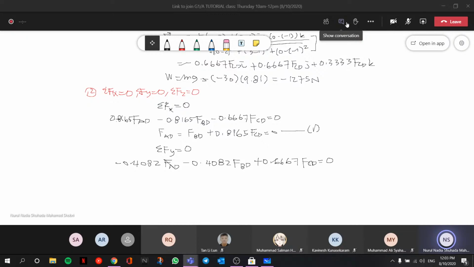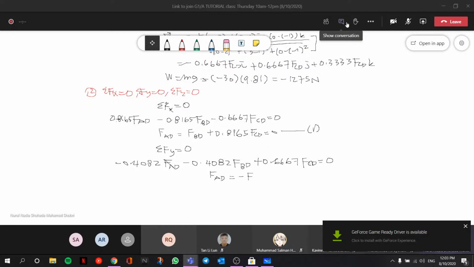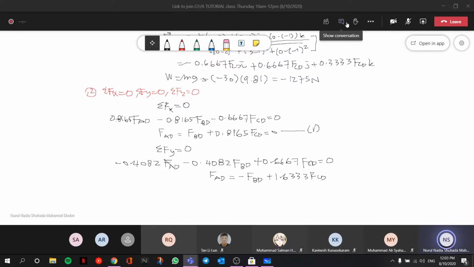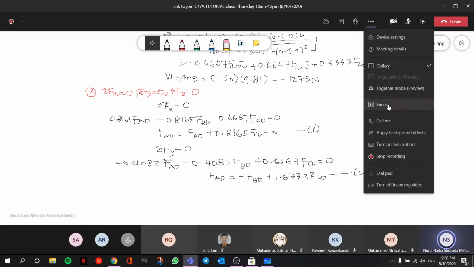So this one also we simplify the equation. This is equation 2.